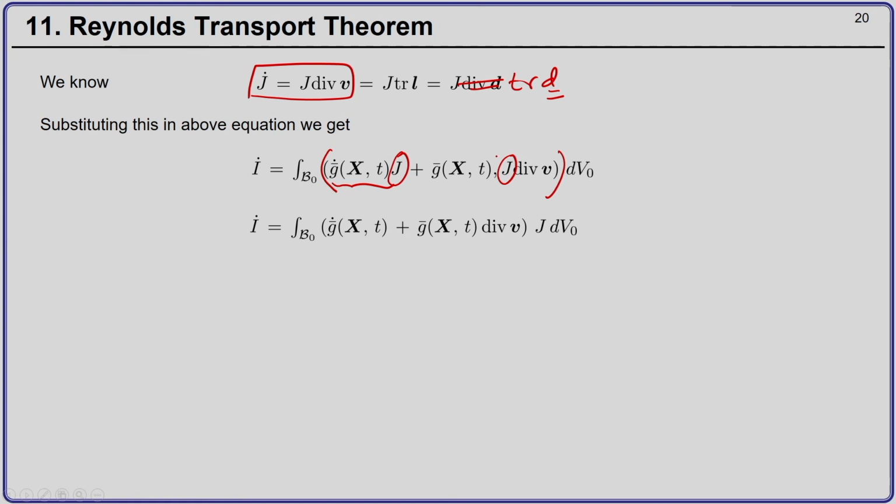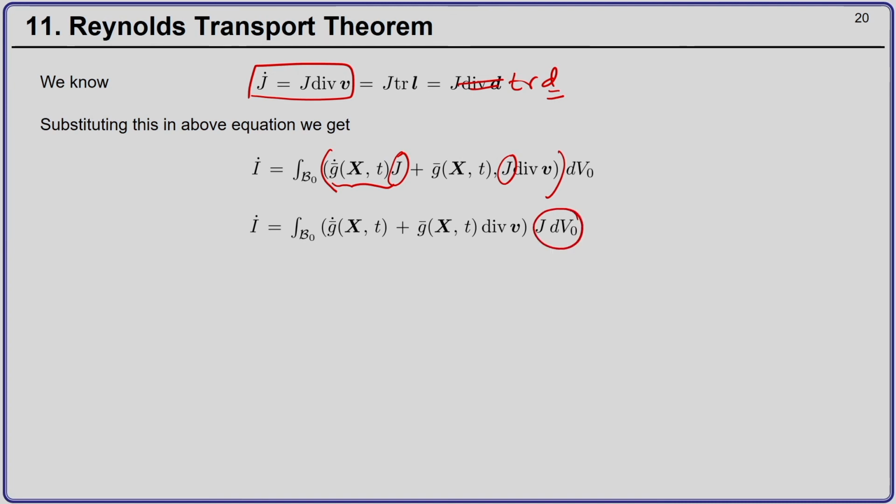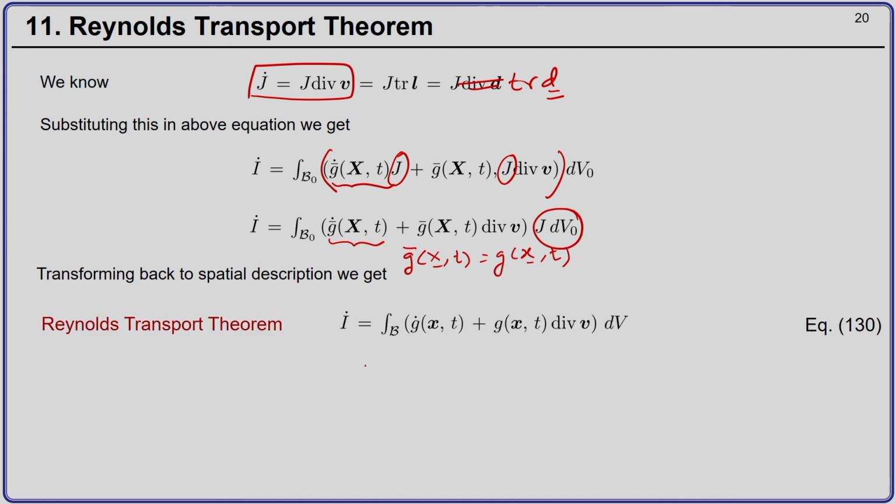Now both the terms have the Jacobian, so I can take the Jacobian out from the right hand side, and then I can write g bar(x, t) as g(x, t). They are one and the same. Using this, g bar is g, therefore g bar dot is nothing but g dot, and this J dV0 is nothing but dV.